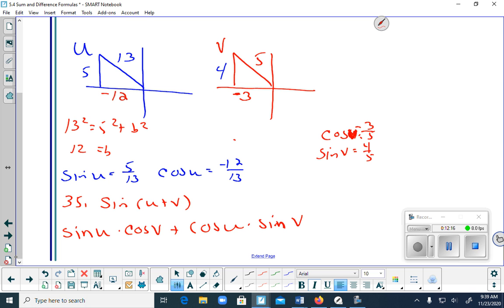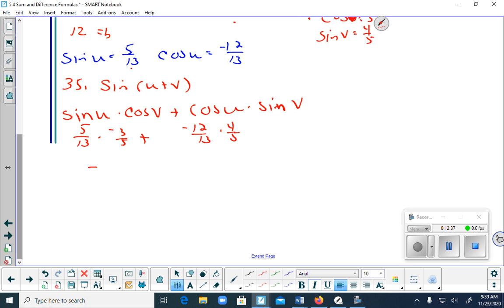I wrote all those values up here, so I'm just going to use those. The sine of u is 5/13 times the cosine of v, which is -3/5, plus the cosine of u, which is -12/13, times the sine of v, which is 4/5.